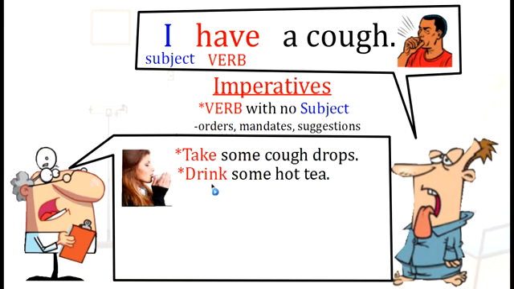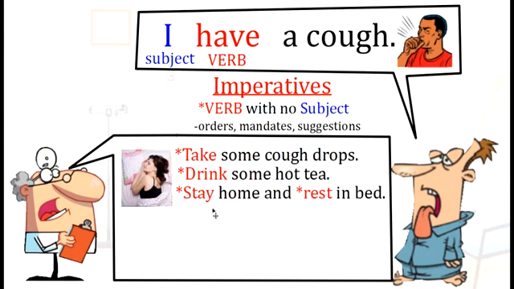Or drink some hot tea. Again, the verb and no subject. Another example of an imperative for a suggestion: stay home and rest in bed. We have two imperatives, stay and rest. Notice there are no subjects in the sentence, only the verb.